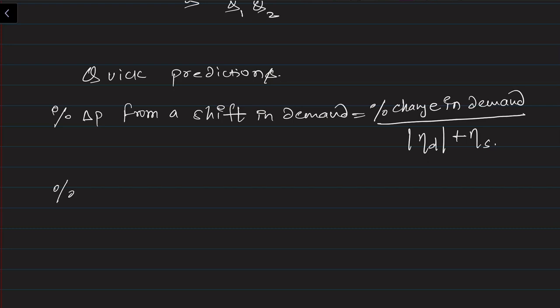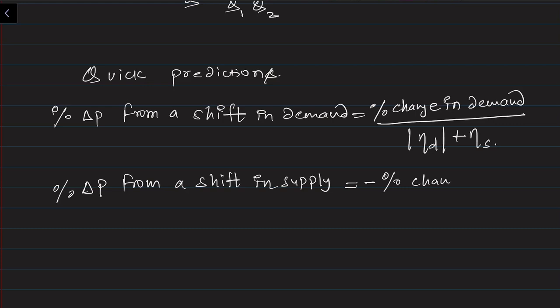And another formula is percentage change in price from a shift in supply is equal to minus percentage change in supply divided by the absolute elasticity of demand plus elasticity of supply.